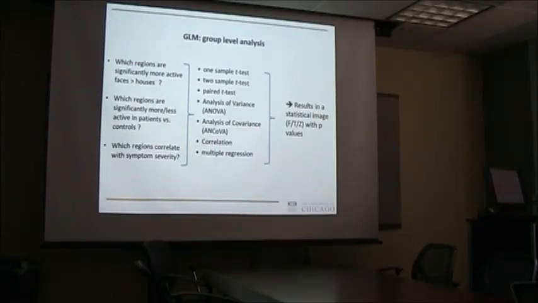And each of the test statistics has its own distribution, and they're related to p-values. So regardless of the exact nature of your analysis, this will always be your output, the thing that SPM or any other package will generate.